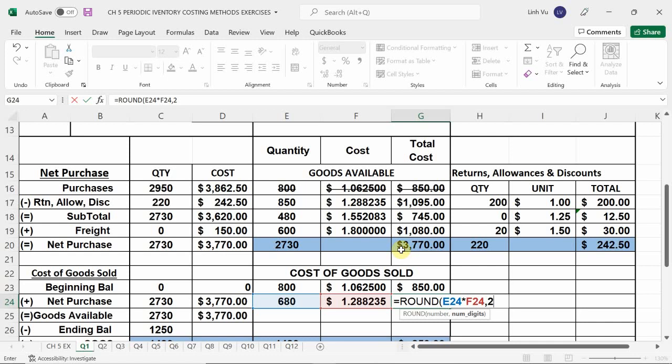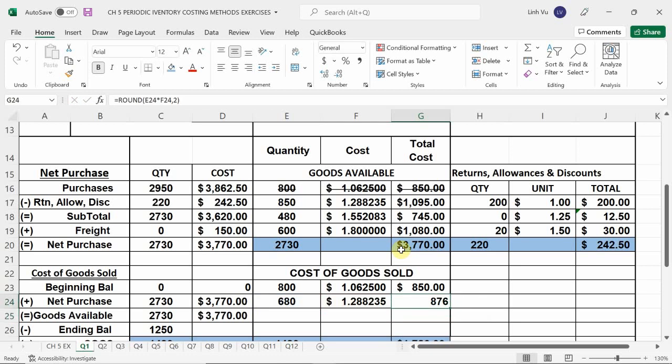How much is it going to cost me to sell 680 units at $1.288235? Well, it's approximately 875. But my calculator's not working right.